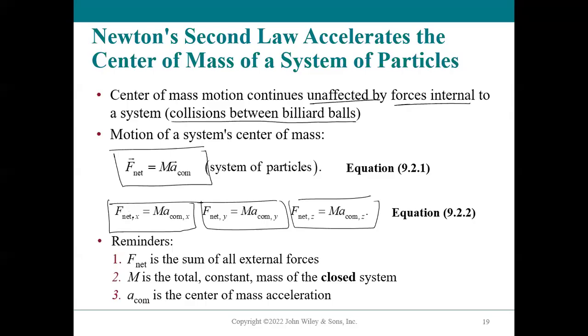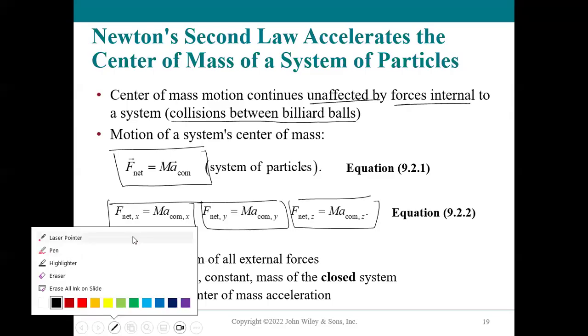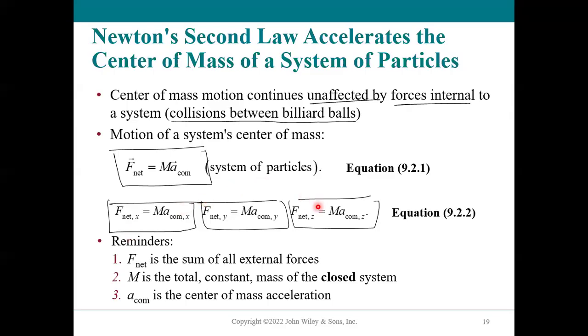So the force on the x-axis is equal to mass times the center of mass acceleration on the x-axis, the total force on the y-axis is equal to mass times acceleration on the y-axis, and the total force on the z-axis is equal to mass times acceleration on the z-axis. As a reminder, the total force is the sum of all external forces, M is the total constant mass of the closed system, and the acceleration COM is the center of mass acceleration.